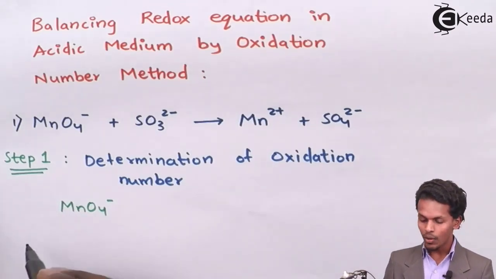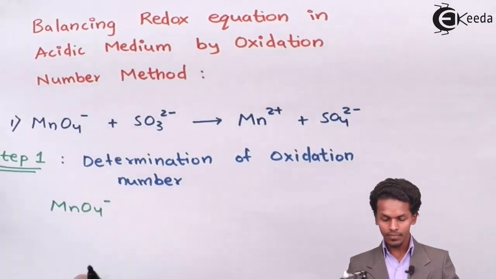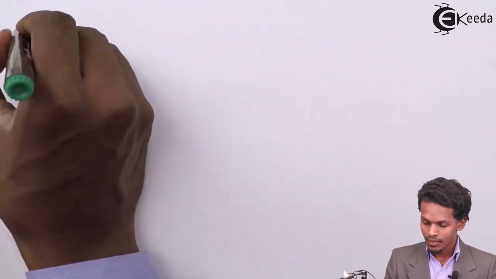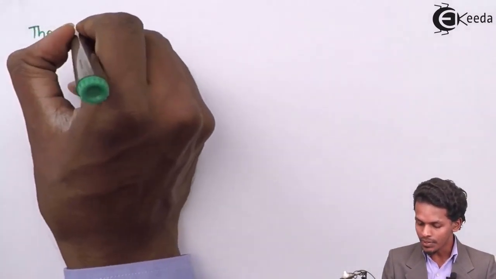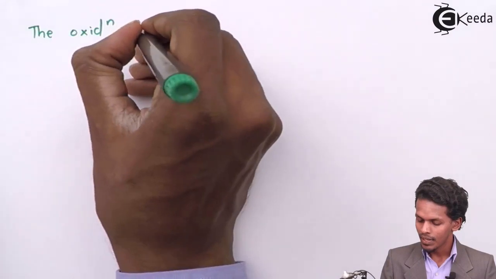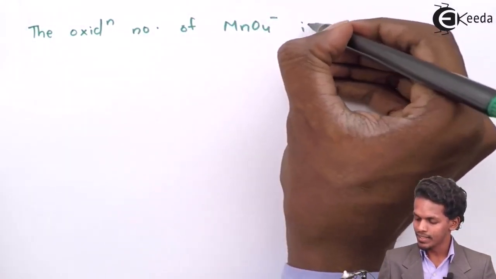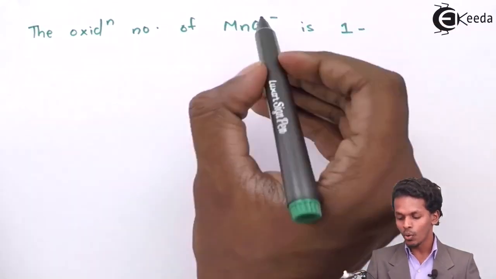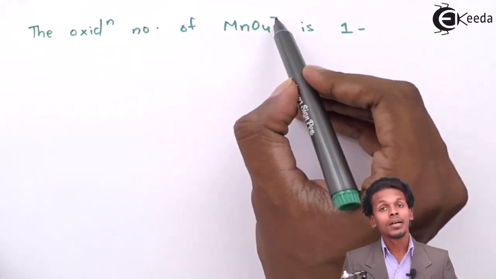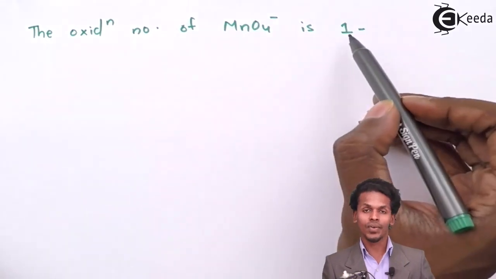So how can we write this? The oxidation number of MnO4 minus is 1 minus. As you can see, the whole molecule has a charge of -1, so I could write it as 1 minus.